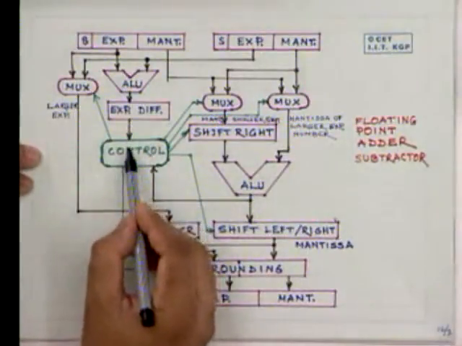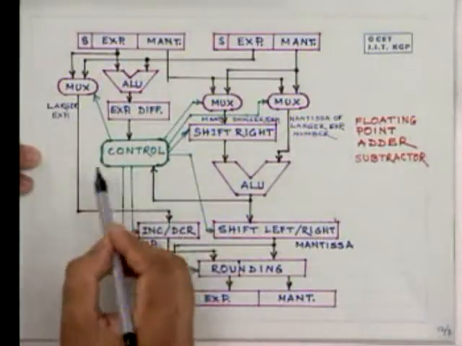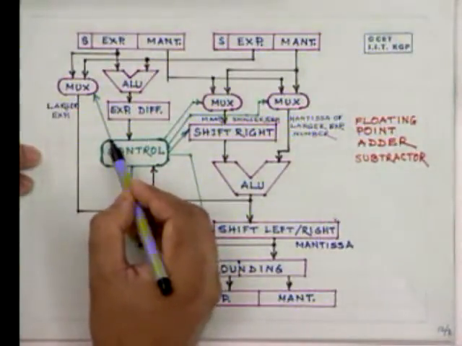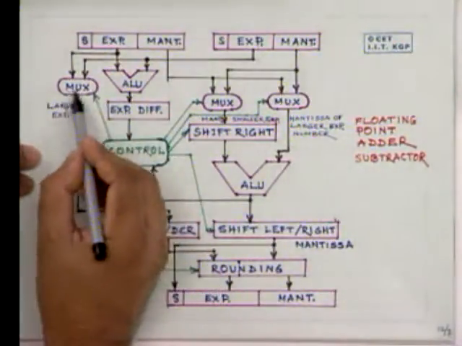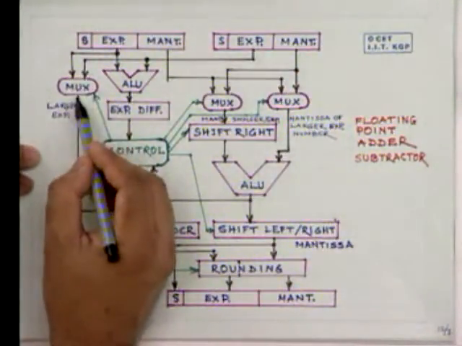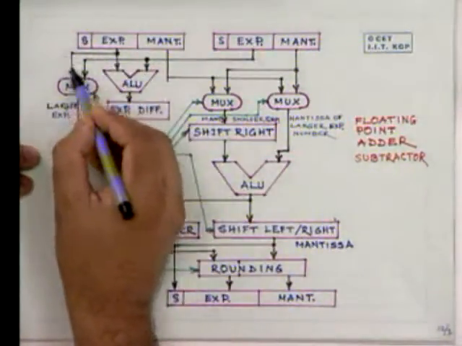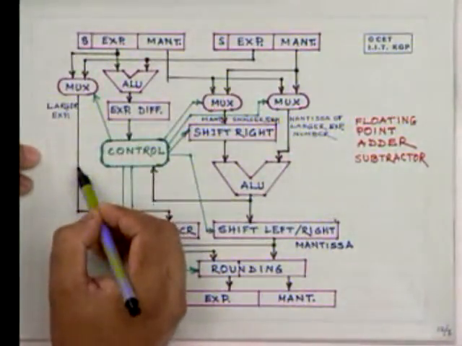That now is put as input to this control element. That control element is an input to this multiplexer, a 2-to-1 multiplexer. That means depending upon this control signal, one of the inputs will come as an output, right?